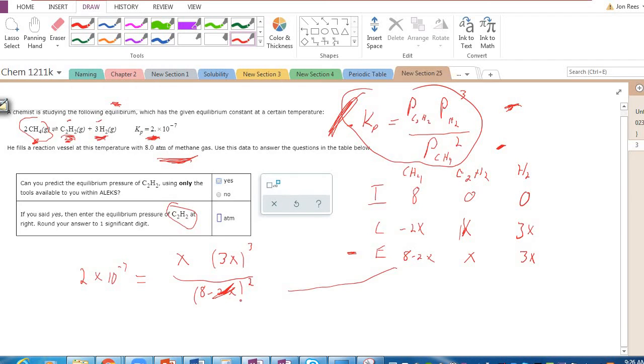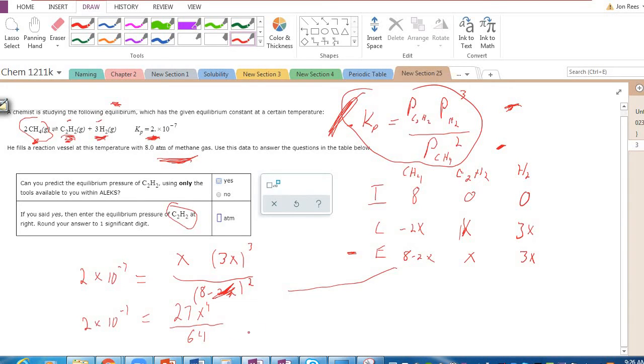I can rewrite this: 2 times 10 to the negative 7th equals, don't forget to cube that 3, 27 x to the 4th divided by, having ignored that 2x term, 64.